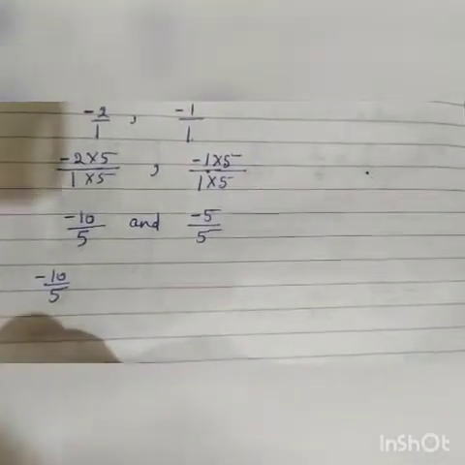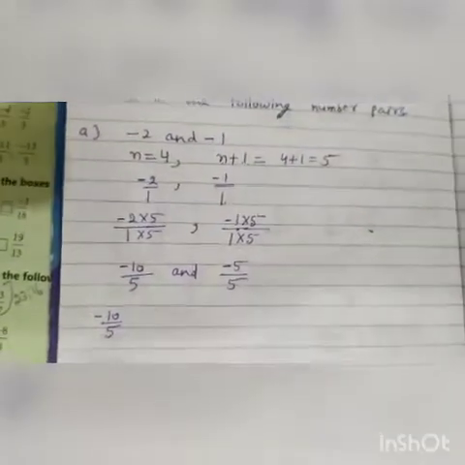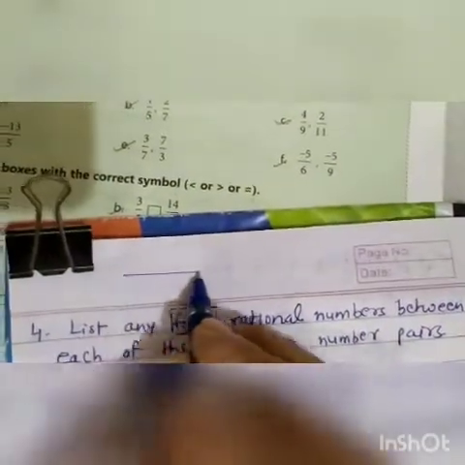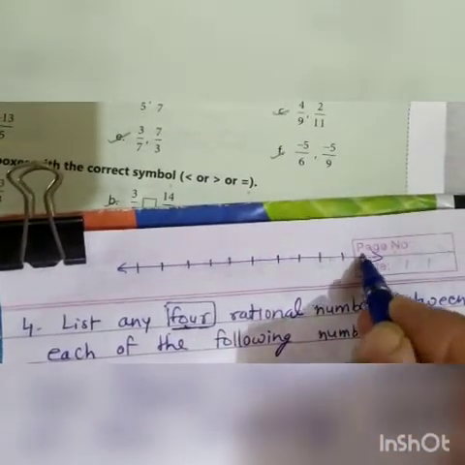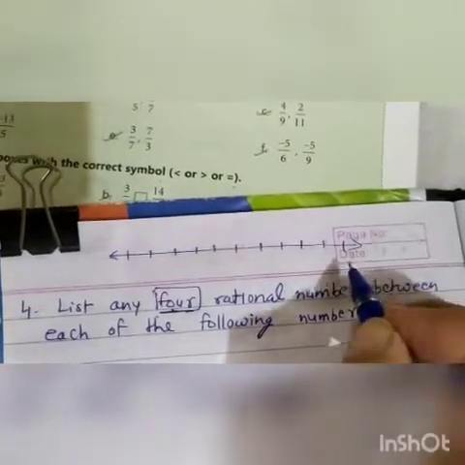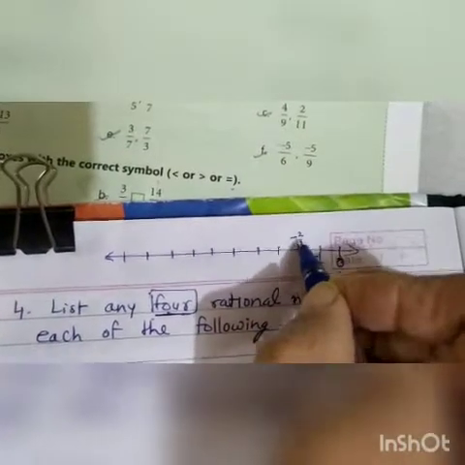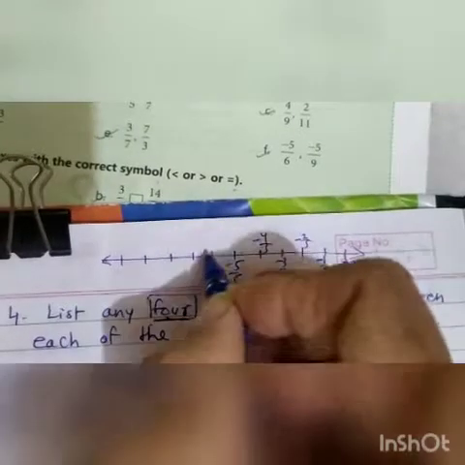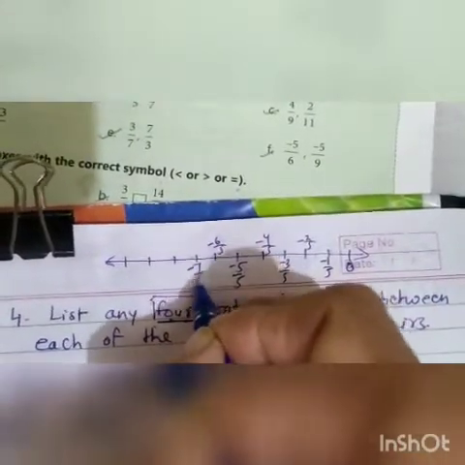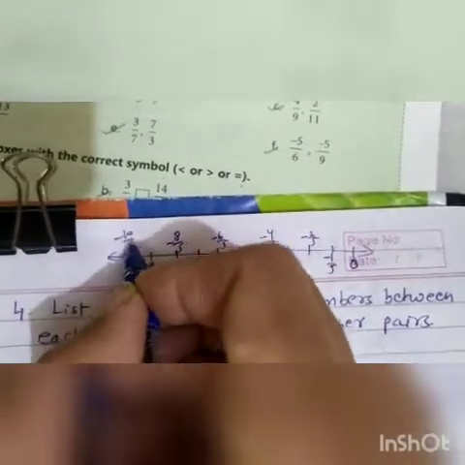Earlier in the previous exercise you did the number line. In the same pattern, if we draw a number line, this is a number line, as we did earlier. Suppose this one is 0. Then it will be minus 1 upon 5, minus 2 upon 5, minus 3 upon 5, minus 4 upon 5, minus 5 upon 5, minus 6 upon 5, minus 7 upon 5, minus 8 upon 5, minus 9 upon 5, and this one is minus 10 upon 5.